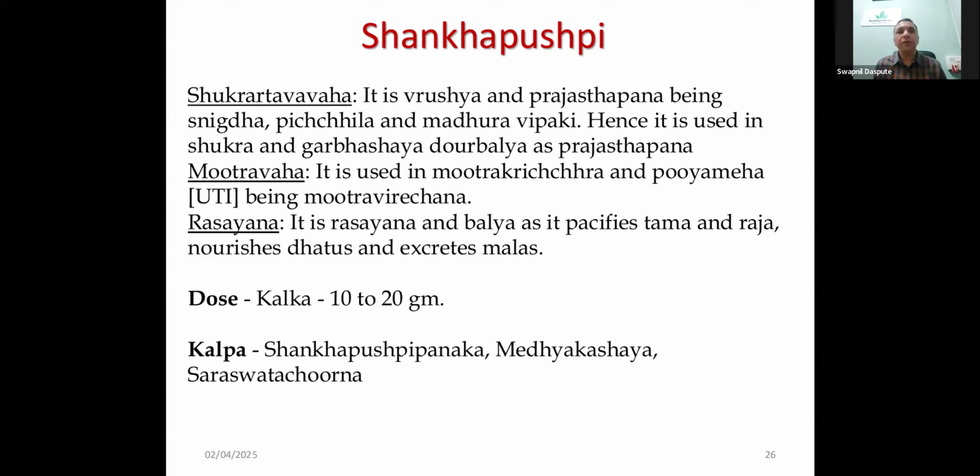So, whenever you are dealing with patients related to such conditions, working on their Shukra and Artava Srotas is important, no doubt, but equally important is working on their mind. So, giving medicines which will help in giving strength to their mind also will help.